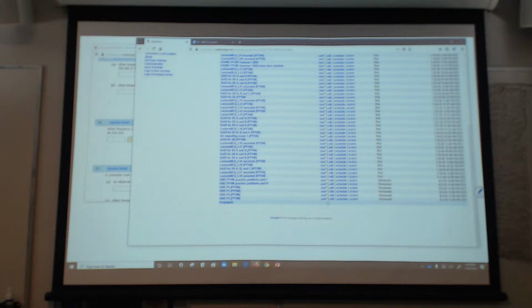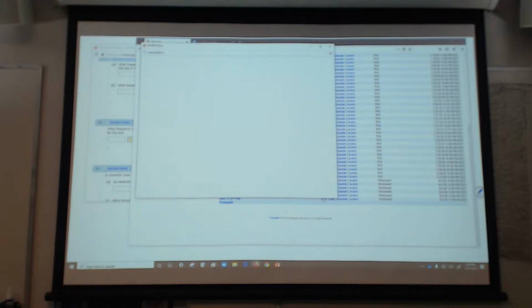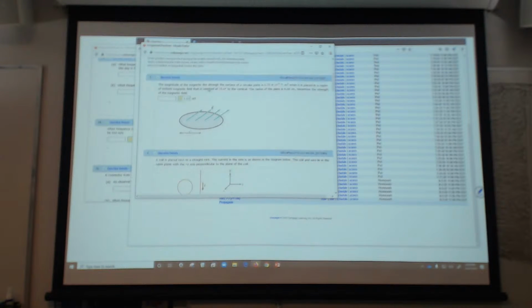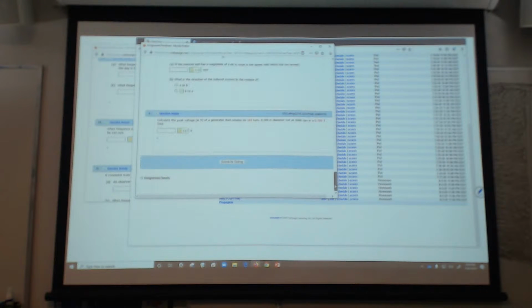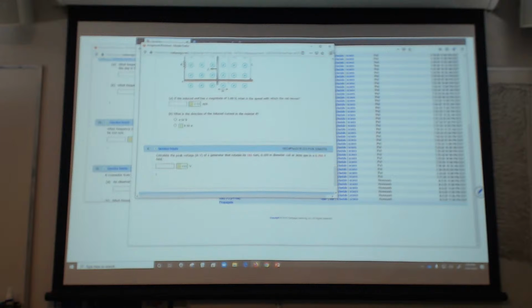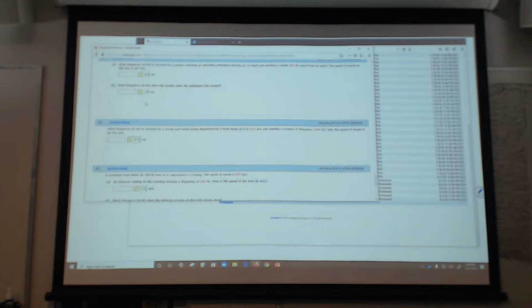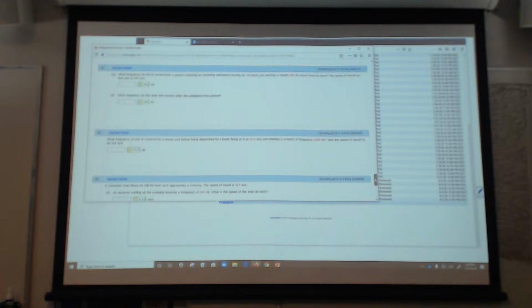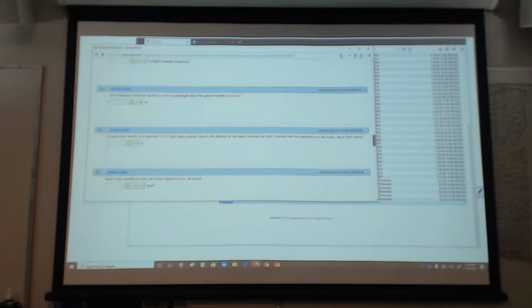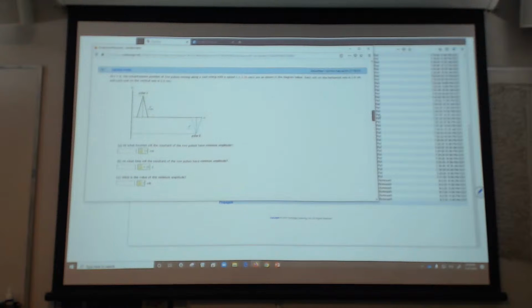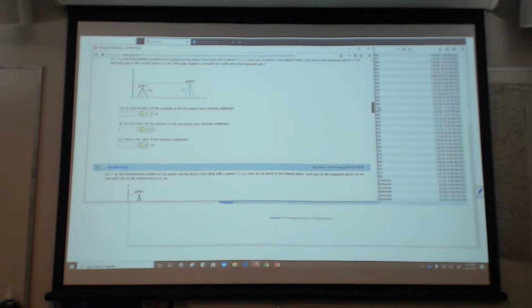This was a problem from part 3, I think. Part 4, sorry. There was a question about standing waves and traveling waves. No, pulses.